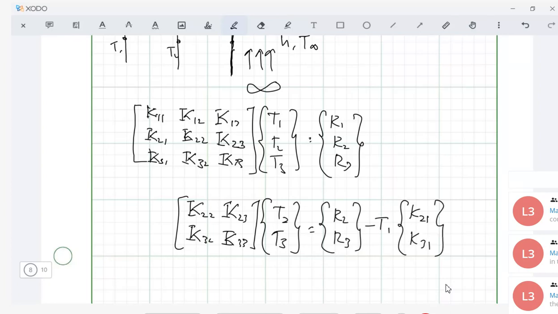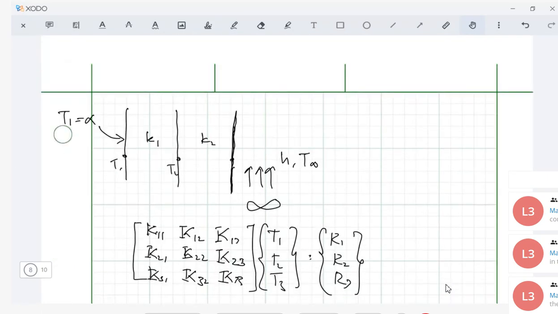So this is after we apply the boundary condition for T1, or the left wall.